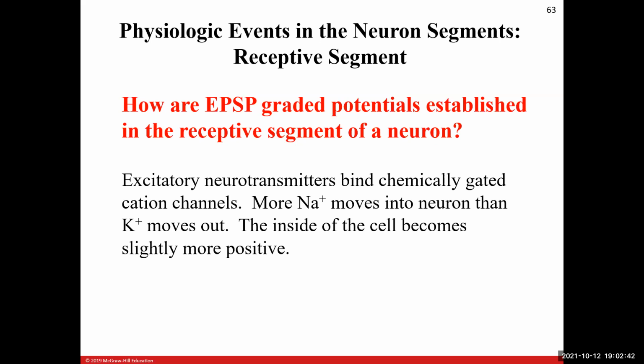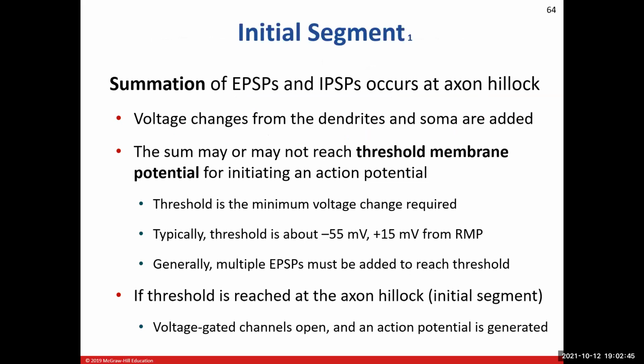We depolarize it slightly. So we know what's going on in the receptive segment. Graded potentials are happening, and we're trying to change that resting membrane potential. We want to get to that threshold value that I was telling you about. Now I get to talk to you about it. Lots of stuff happening, folks. It's a beautiful thing. Lots of fun stuff.